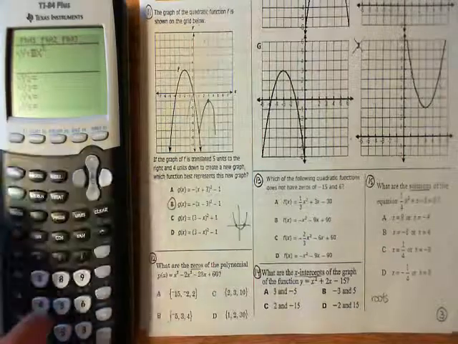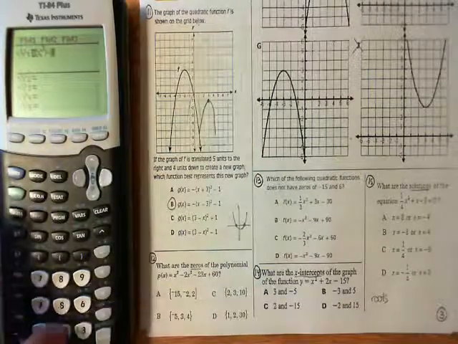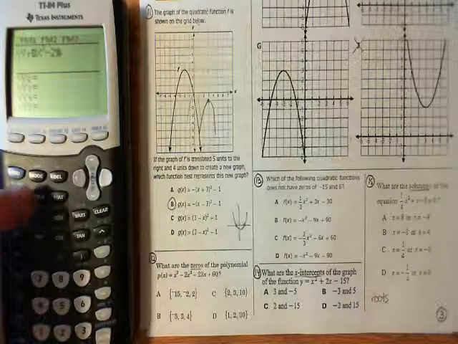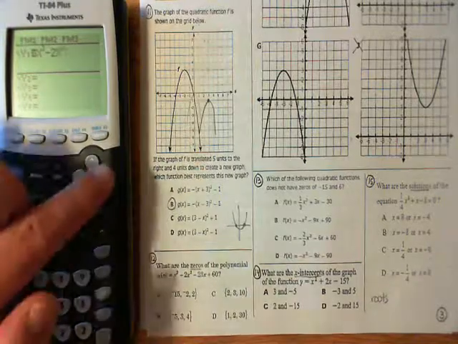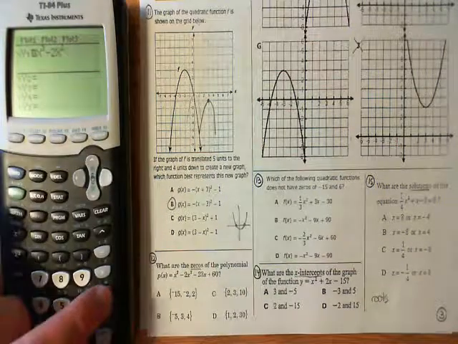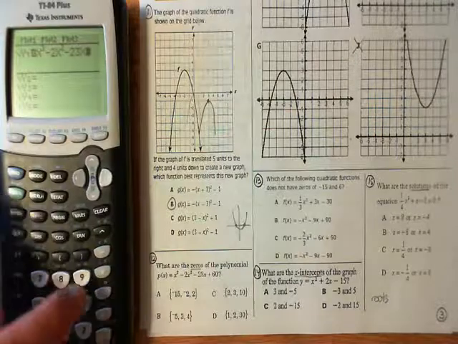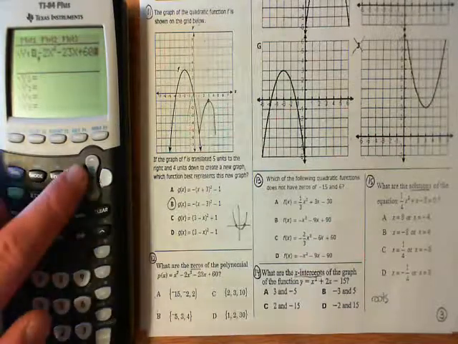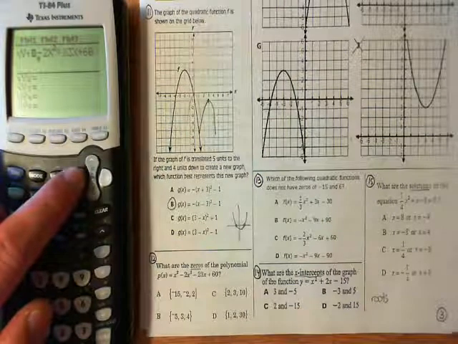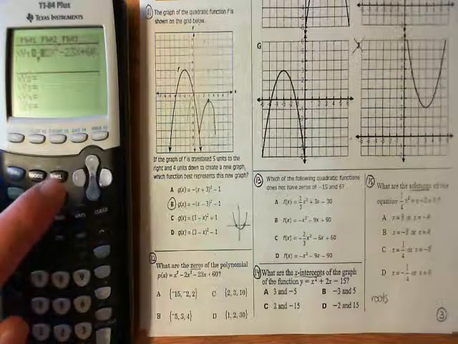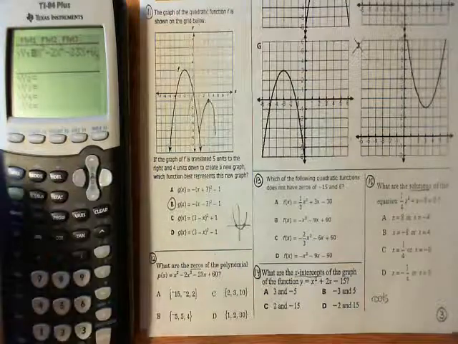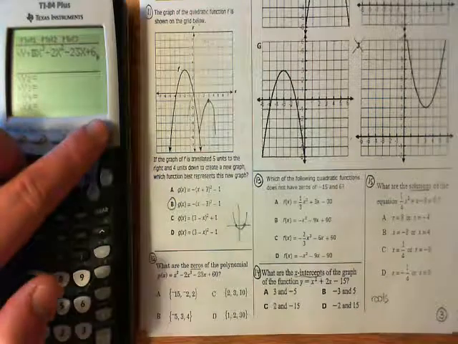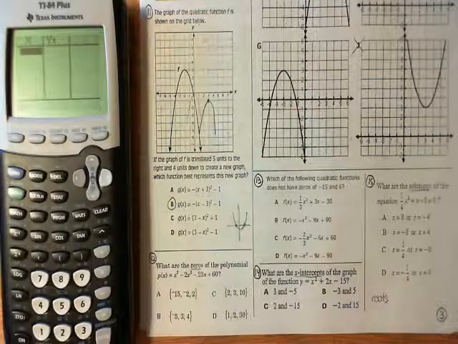Then I need to move down. Negative 2x squared. Move down. Negative 23x plus 60. And just double checking I did it correctly. Alright, it looks good. So let's go ahead and press second table.